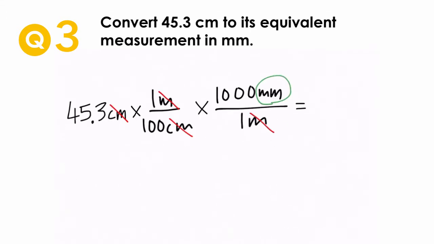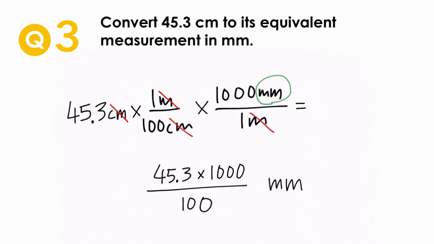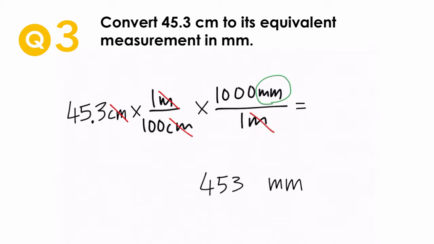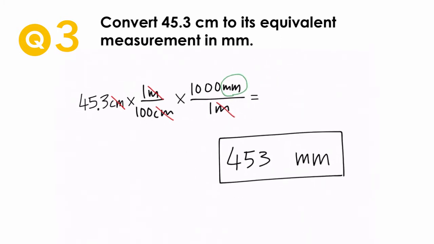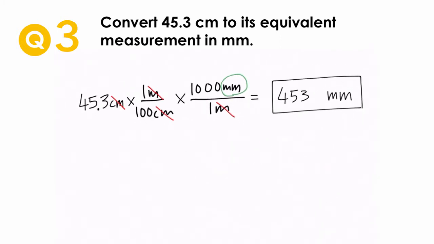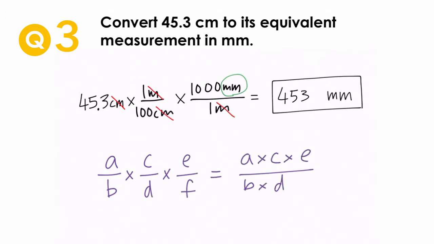The rest is punching in the numbers in the calculator. 45.3 times 1000 over 100. You can multiply all of the numerators first, then divide that number by all of the denominators multiplied together. Something like this.